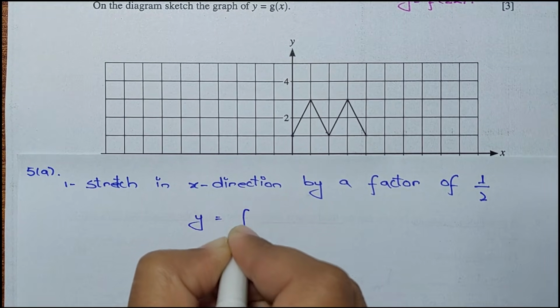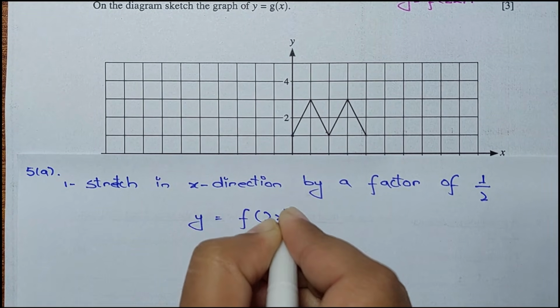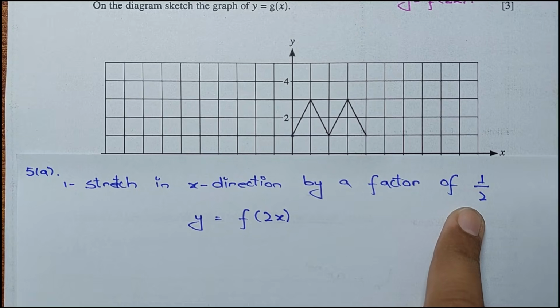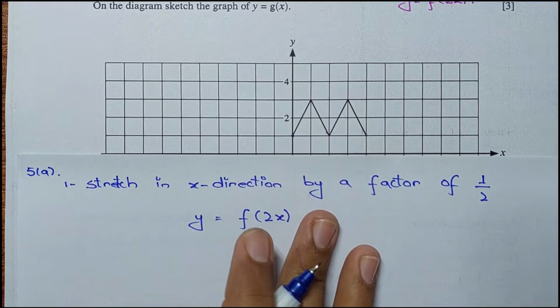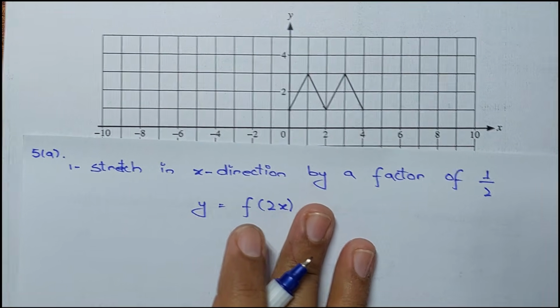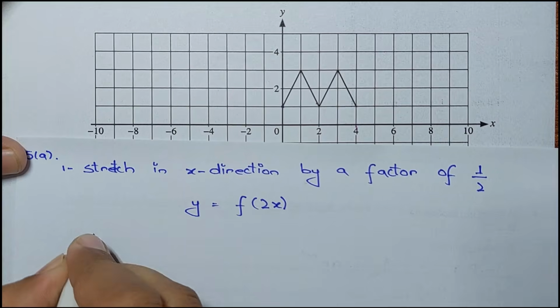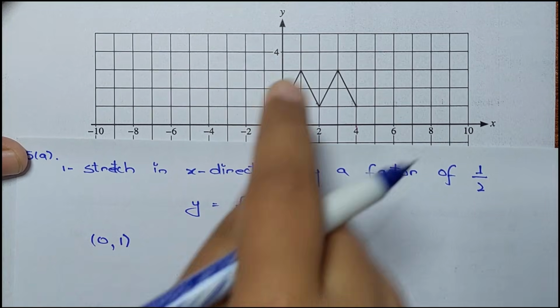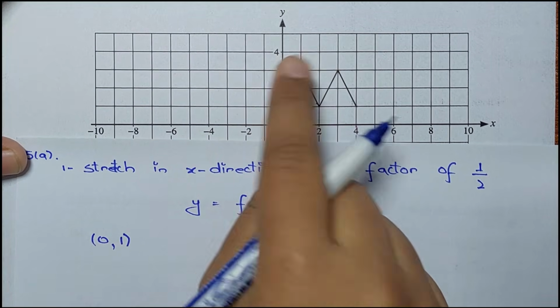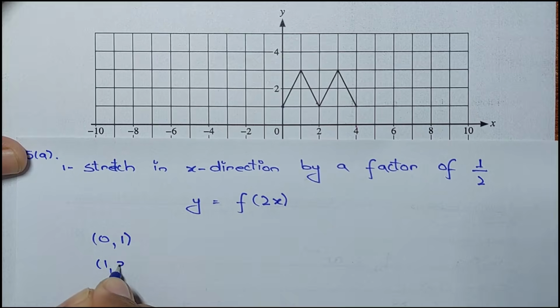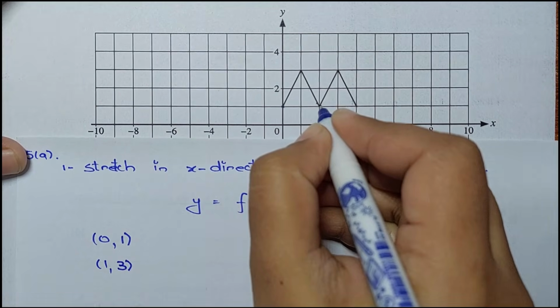Then we have to replace x with 2x. The reciprocal of 1 by 2 is 2, so x values are multiplied by 2 because it is in the x direction. Now I'm going to write down the coordinates first. The first coordinate is (0, 1): x is 0, y is 1. The next coordinate is (1, 3). For this coordinate, (2, 1).